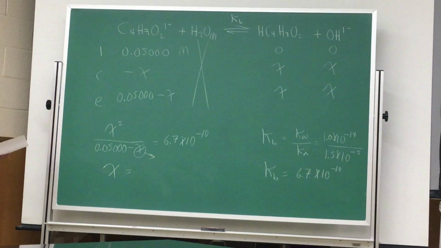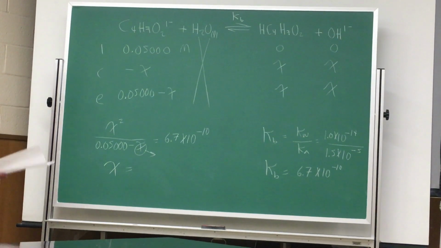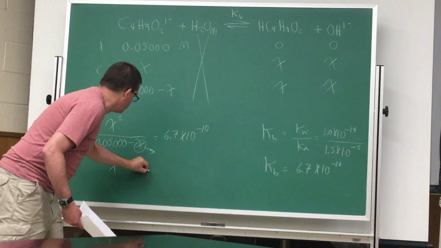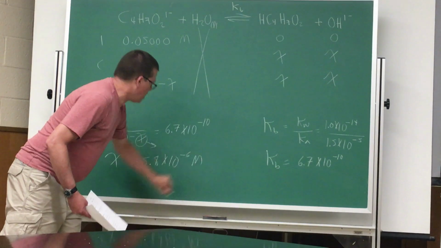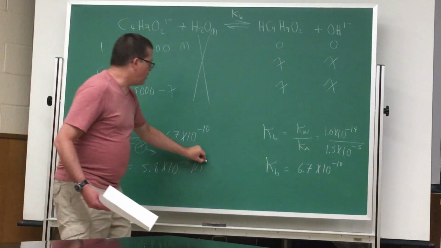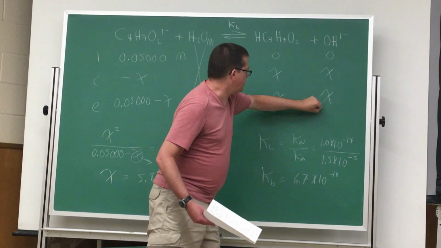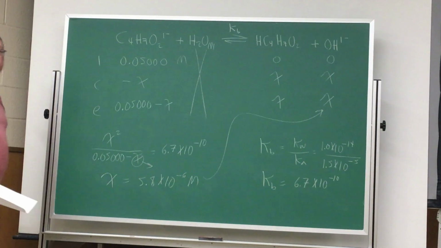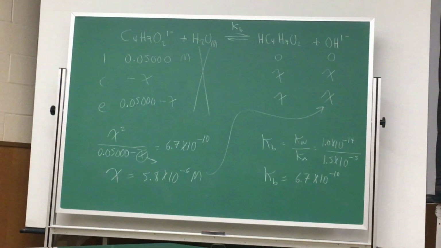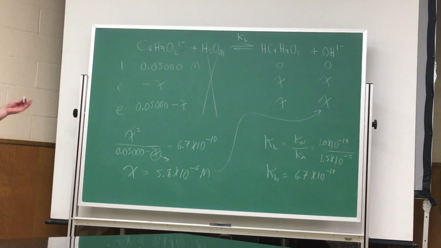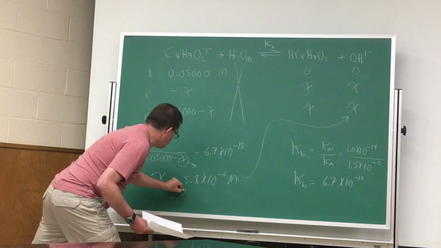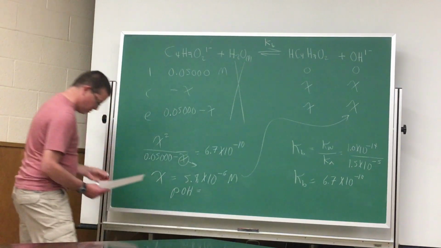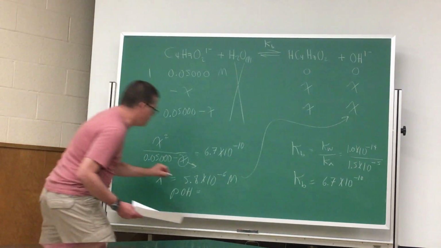And when I do that, my x turns out to be 5.8 times 10 to the minus 6 molar. Now, what does that correspond to? That corresponds to the hydroxide ion concentration in the solution. So at this point, we have to calculate a pOH. Again, you know how to do that. My pOH, which you can verify, turns out to be 5.24.